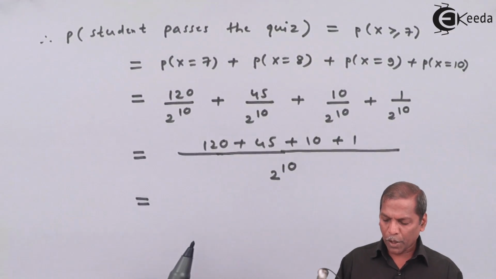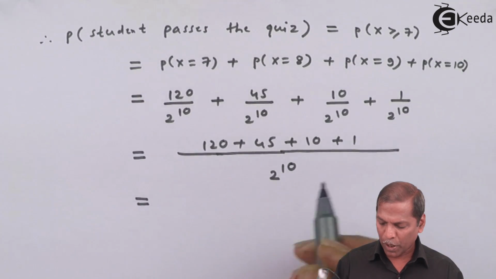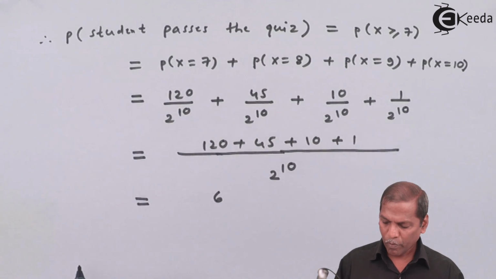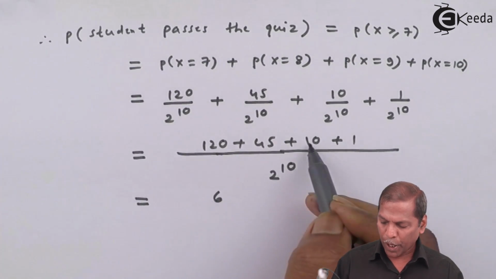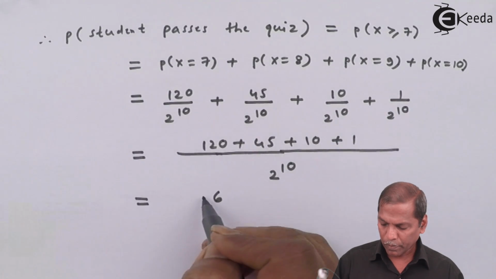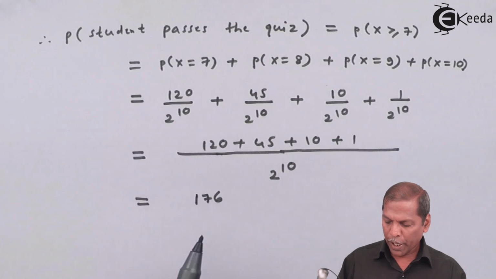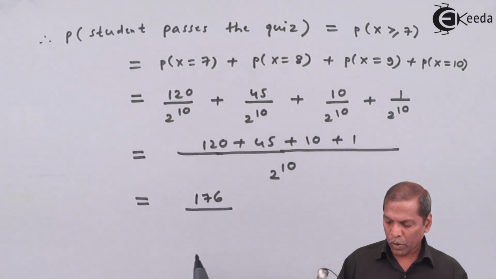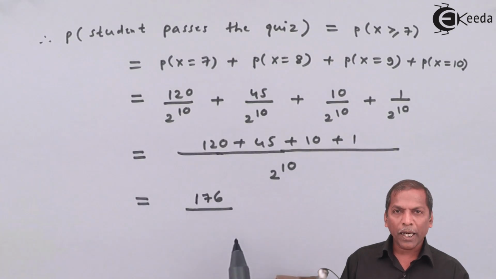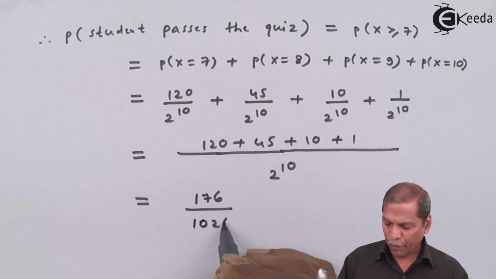On adding these we get 176 upon 2 raised 10, that gives 1024.